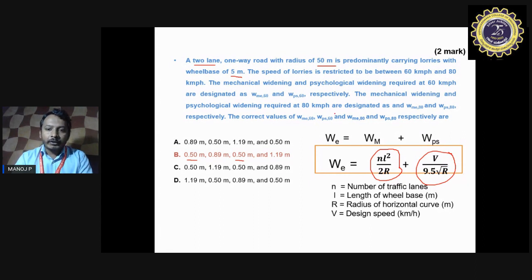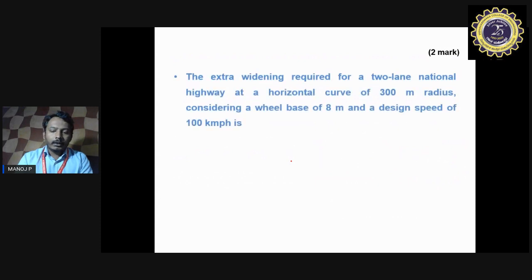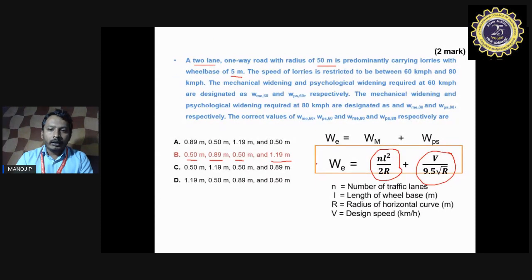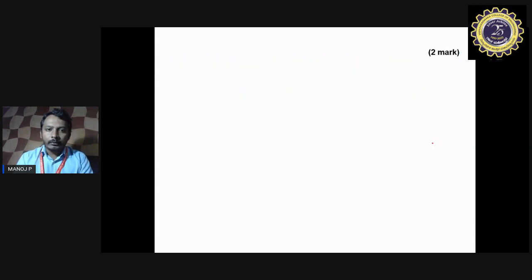When we substitute 60 divided by 9.5 square root of 50, you will get 0.89, and when you put 80 divided by 9.5 square root of R, you'll get 1.19 meter. So this is how it is done. For mechanical widening, calculating only once is more than enough, whereas for psychological widening you are supposed to calculate for both 60 as well as 80 kilometer per hour.